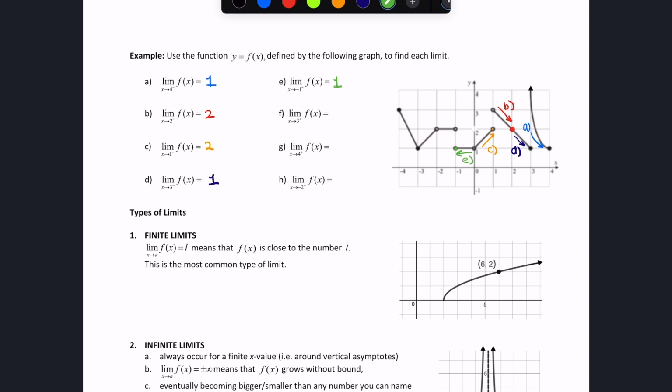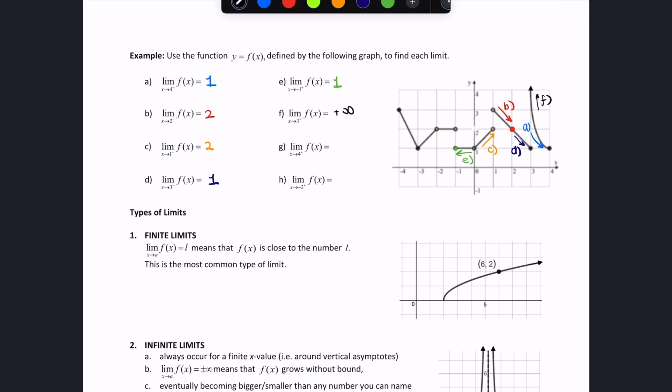Limit as x approaches 3 from the right-hand side. That would be right here. And let's just do that in black. And so that's f. And here you see that it goes to positive infinity.